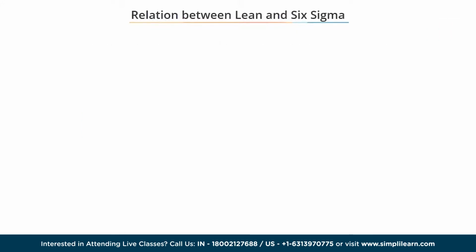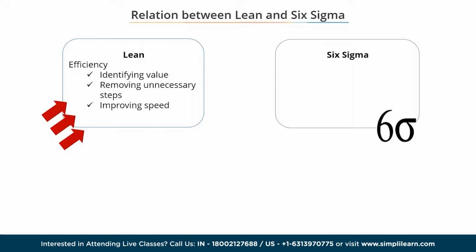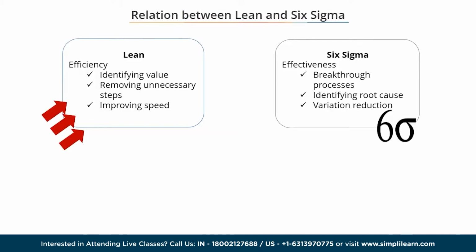Let's look at the differences between Lean and Six Sigma. Lean focuses on efficiency by identifying value from the customer's point of view, removing unnecessary steps in the process, and improving process speed or velocity. On the other hand, Six Sigma focuses on effectiveness with the help of breakthrough processes, identifying root causes, and reduction in variation.